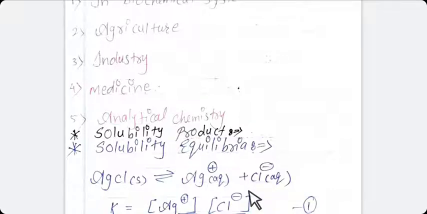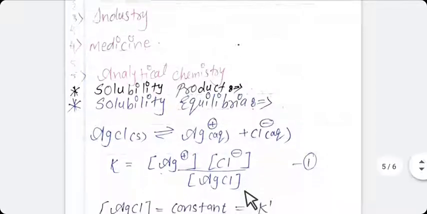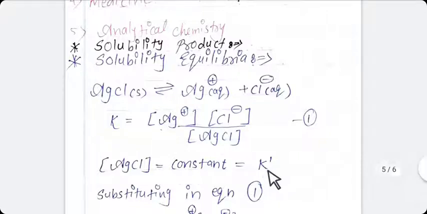We can write the equilibrium constant K equal to concentration of Ag plus times concentration of Cl minus divided by concentration of AgCl. The concentration of undissolved solid silver chloride is constant. That's why in place of concentration of AgCl we can use K dash as a constant.